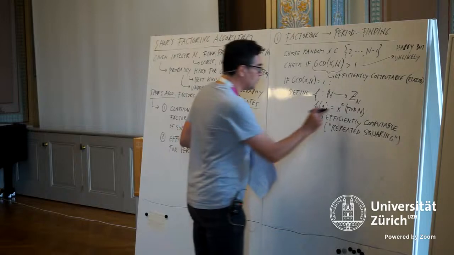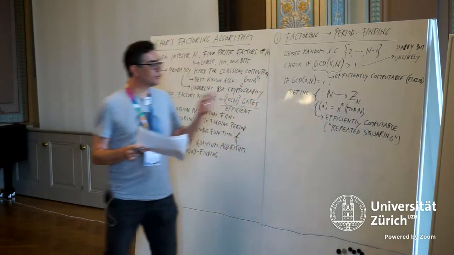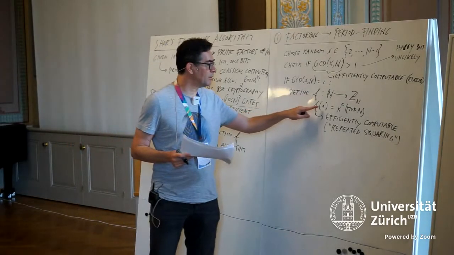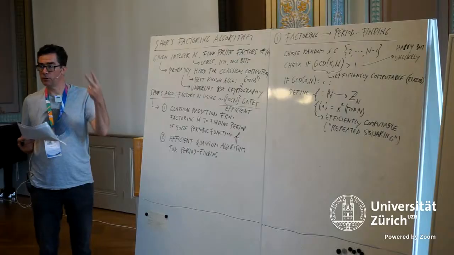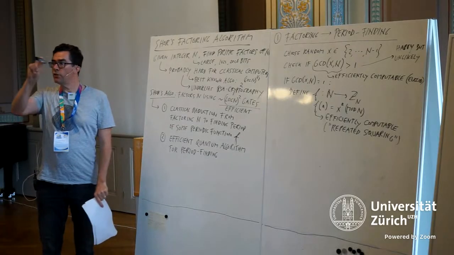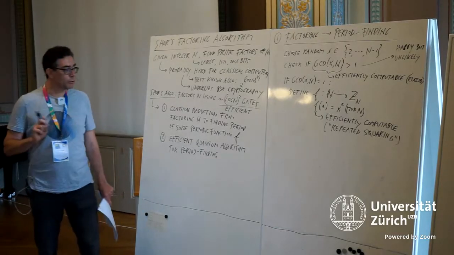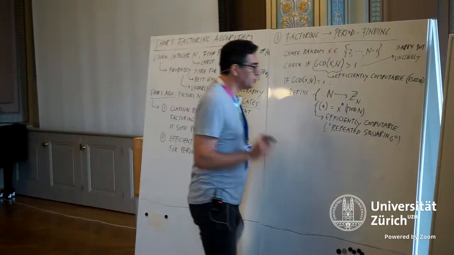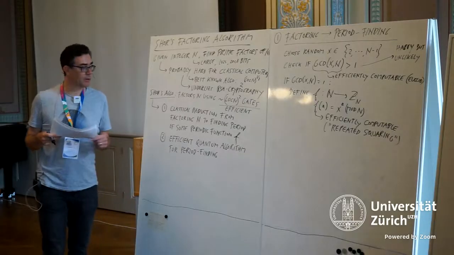Now, if you know a little bit of group theory, then you can look at the sequence of numbers that is generated if you stick in sequences of a's into this function: a is 0, a is 1, a is 2, a is 3, etc. And you'll see that the sequence of numbers generated is a so-called cyclic group. It's a cyclic subgroup of the set of all integers that are coprime with N. If you don't understand what that means, that doesn't really matter.